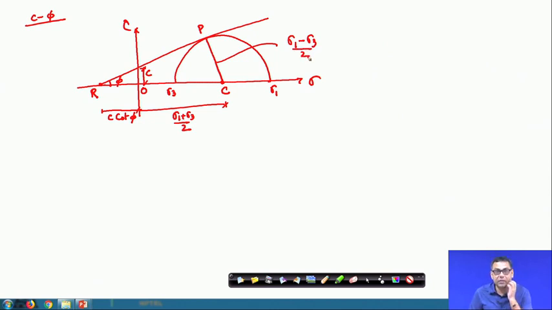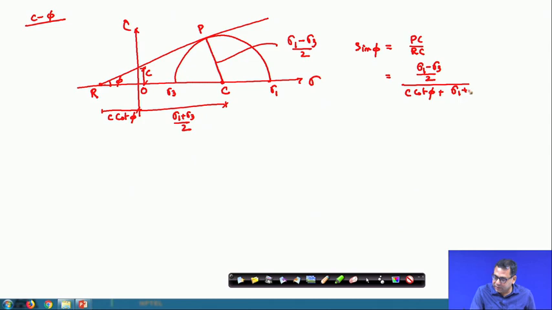Now, I can write that sin phi is equal to PC divided by RC. PC is sigma 1 minus sigma 3 divided by 2, and RC is c cot phi plus sigma 1 plus sigma 3 divided by 2.